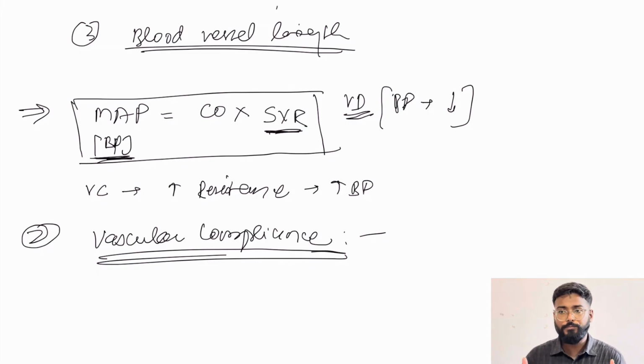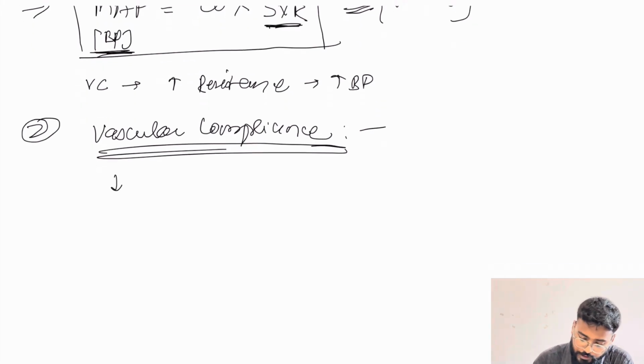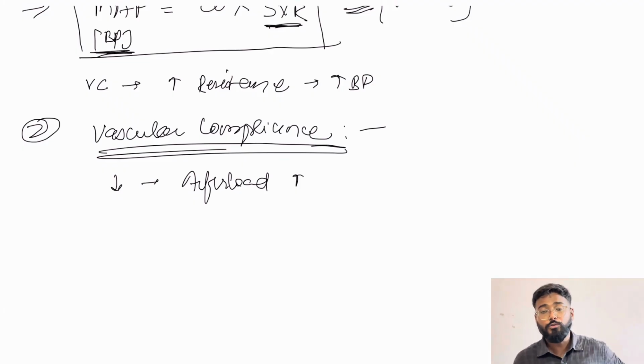So the left ventricle needs to work more to stretch the aorta to accommodate this amount of blood. Whenever the vascular compliance decreases, your afterload increases, because now the ventricles are bound to work more in order to push that extra amount of blood into the aorta.